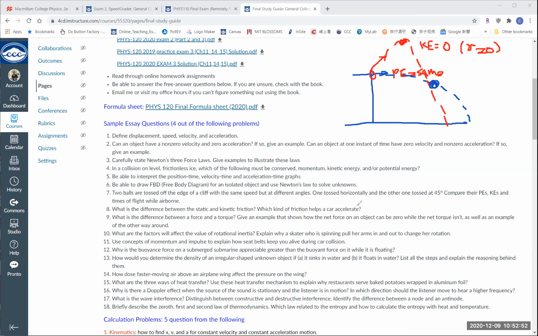Which one helps the car to accelerate? I believe the static. Yes, it is static. The static friction is the one that helps us get the car moving. You prevent the object from sliding, so when the tire touches the ground, that point doesn't move.